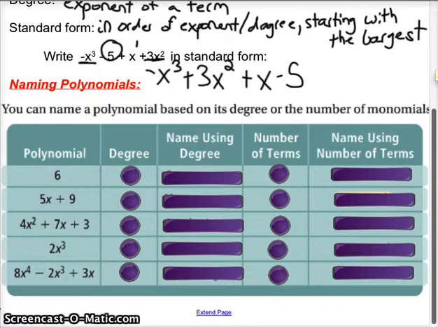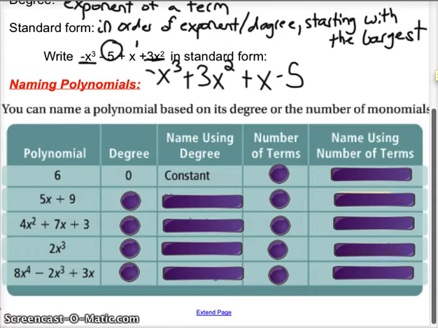So the degree is talking about the exponent of the variable. Well, if there is no variable, then there is no degree. It would be 0 because the variable isn't even there. So naming it using the degree, this is considered a constant. Or again, it could be a monomial as well, either one of those two terms.